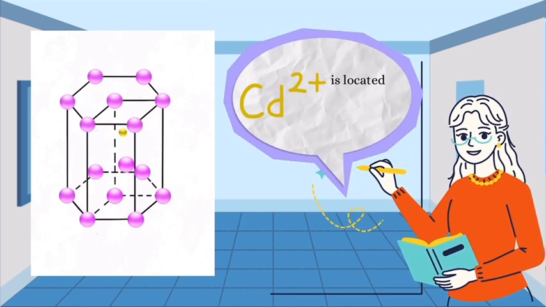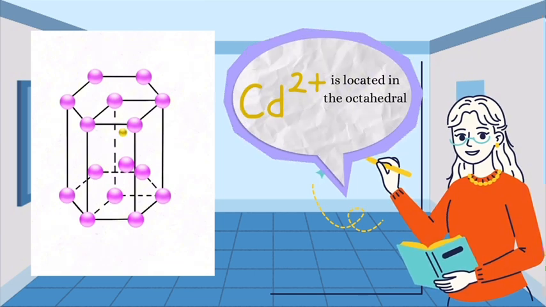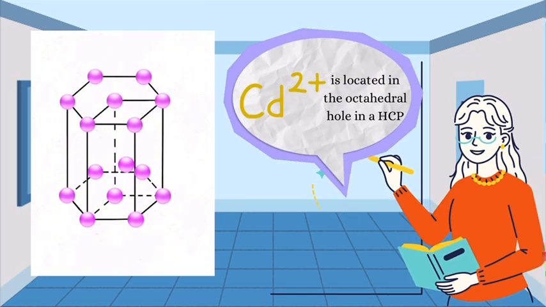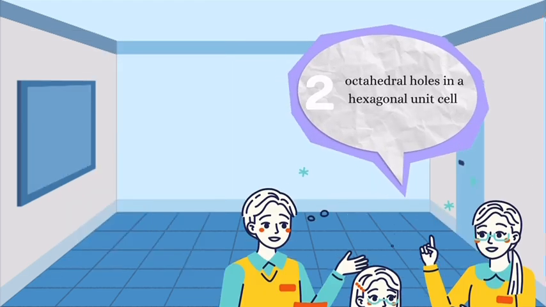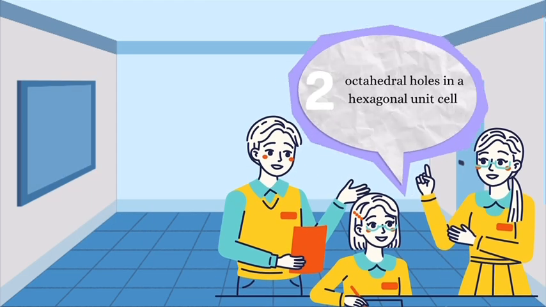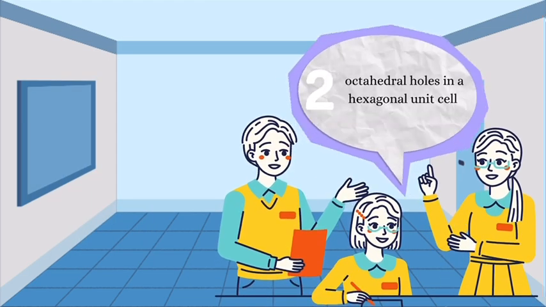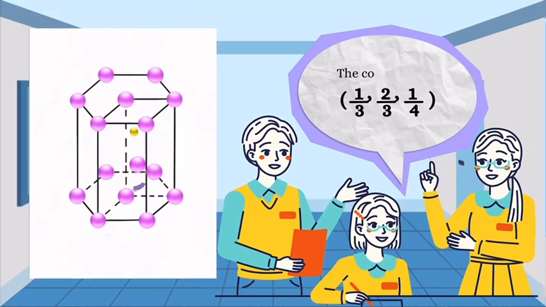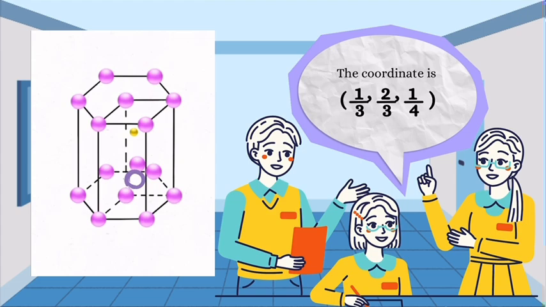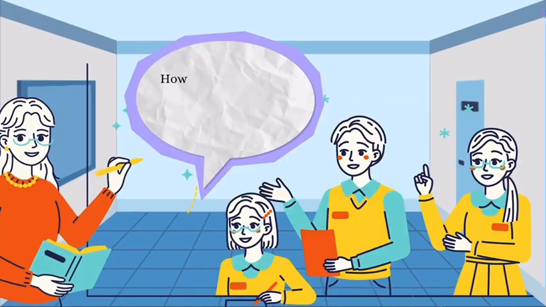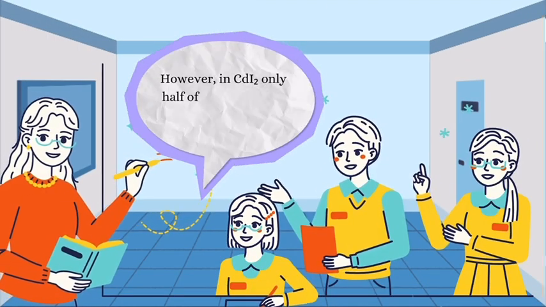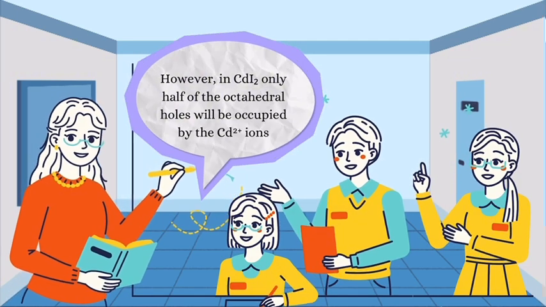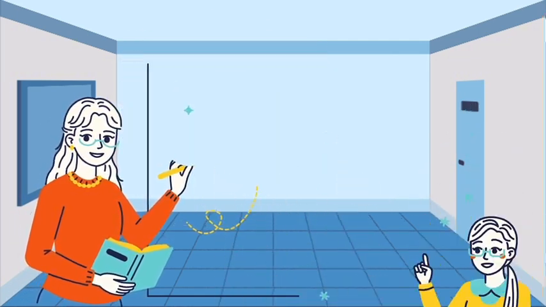This location of the cadmium ion is also known as the octahedral hole of the hexagonal closely packed arrangement. For your information, there are actually 2 octahedral holes in total in one hexagonal unit cell. Another one has the coordinate of 1/3, 2/3, 1/4. However, for the case of the cadmium iodide crystal solid, only half of them will be occupied by the cadmium ion.